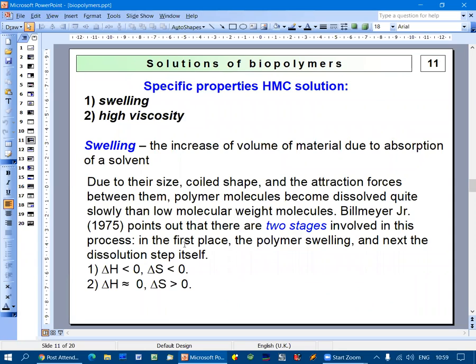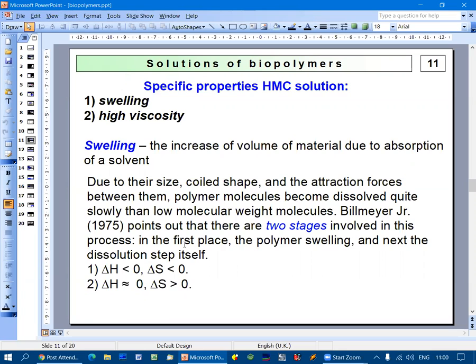Besides features that resemble true solutions and that are similar to colloidal solutions, high molecular weight compounds have a very interesting property that low molecular weight compounds do not.